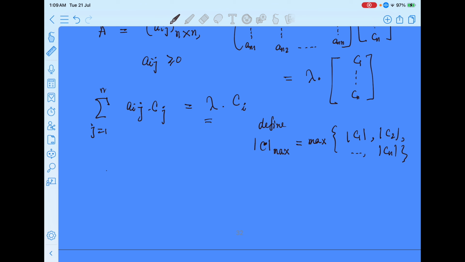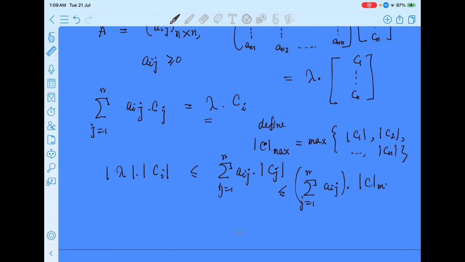Now from this equation we have mod lambda times mod ci is less than or equal to the summation over j from 1 to n of aij times mod cj, right? Which is less than or equal to, you can just pick the maximum, the summation over j from 1 to n of aij times c max.